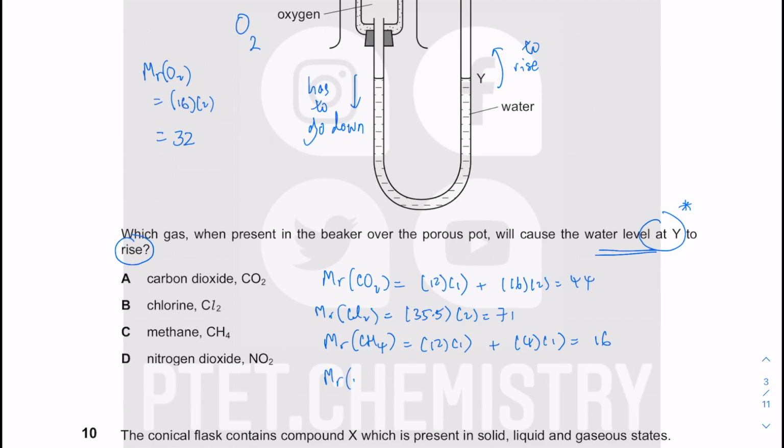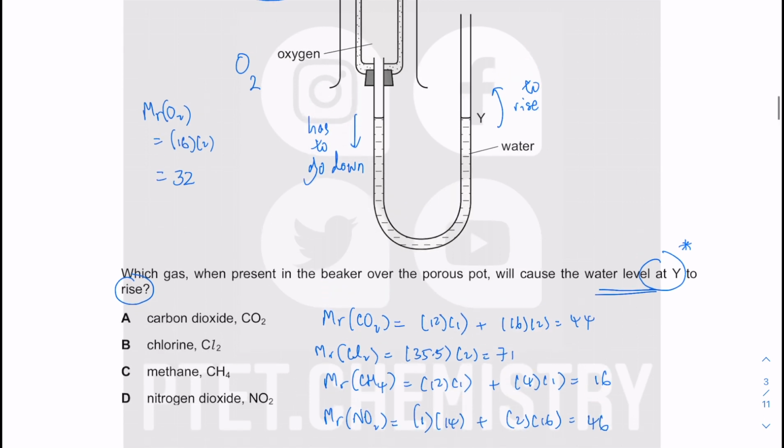Nitrogen dioxide is NO2, 1 nitrogen, and dioxide because there are 2 oxygen. Pop that into your calculator, 32 plus 14, there's 46. So we want this to go down and this to go up.